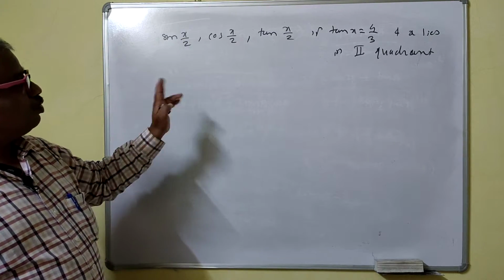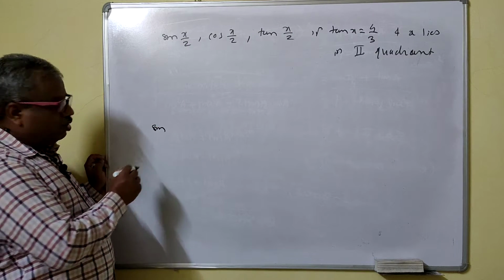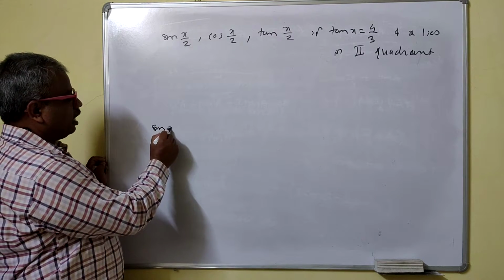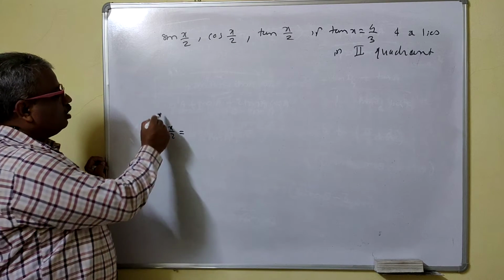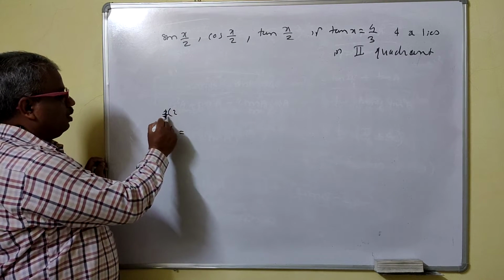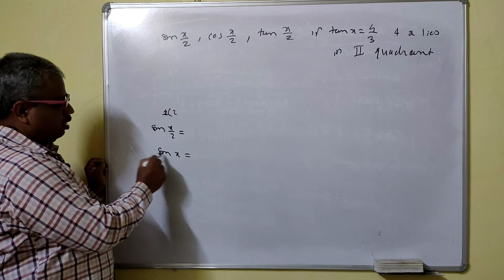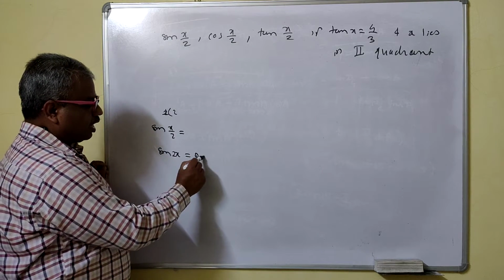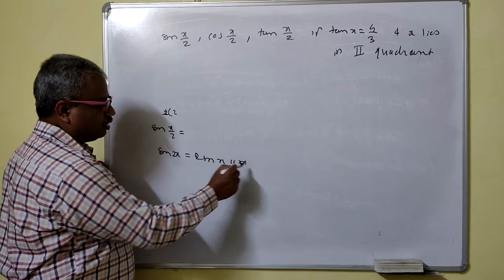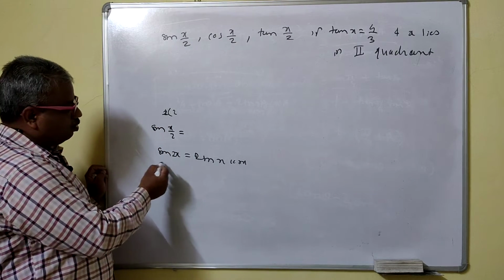So what will we do? First we will find sin x by 2. Now, if you have the formula for sin 2 theta, suppose sin twice x is 2 sin x cos x, then you want x by 2, so put x equal to x by 2.